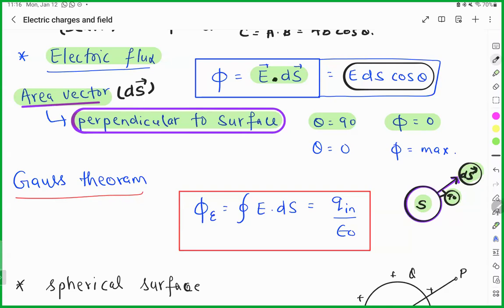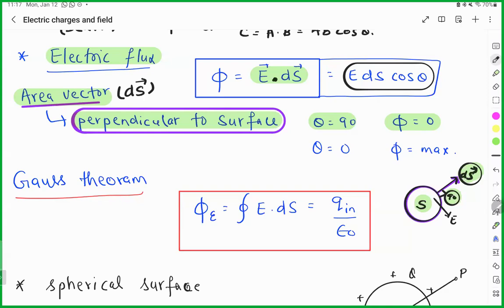This is the area vector. Imagine the electric field is at 90 degrees like this. What will happen? Your electric flux will be 0 because the lines are just passing by. Take your mobile. If the electric field is perpendicular to the surface, I'm not talking about surface area, just the surface of your mobile phone, then all electric field lines pass through it.